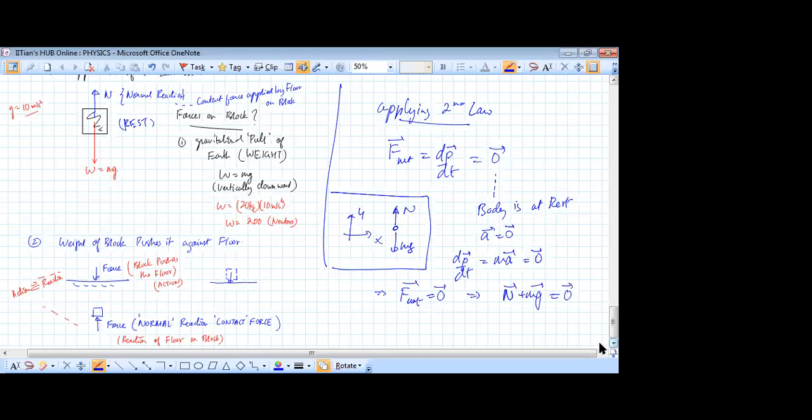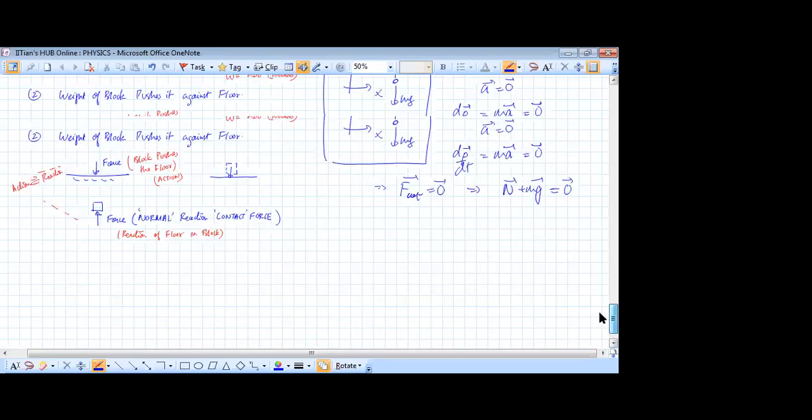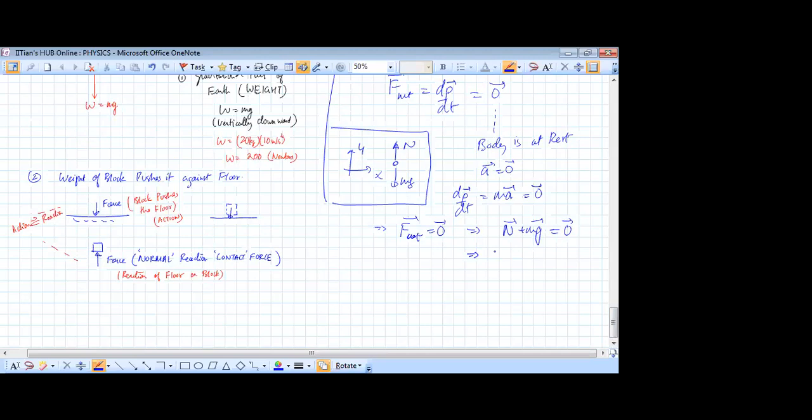But if I write them in component form, how much is the normal reaction? It is plus N j cap, because it's acting upwards. And how much is mg? It is minus mg j cap. So that should be 0. So in other words, normal reaction's magnitude should be equal to mg.